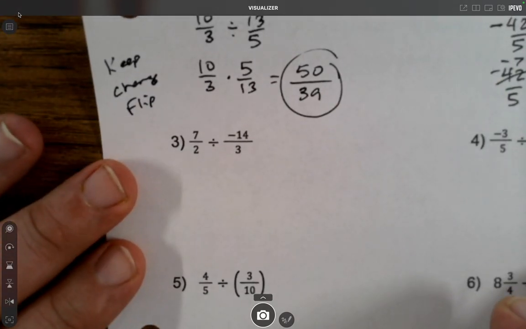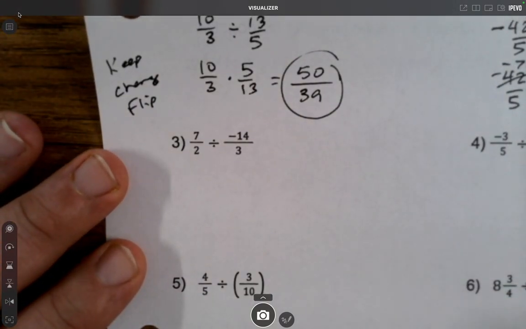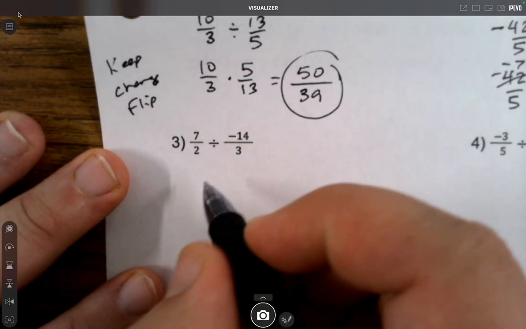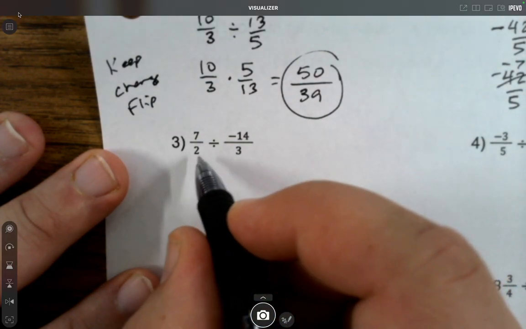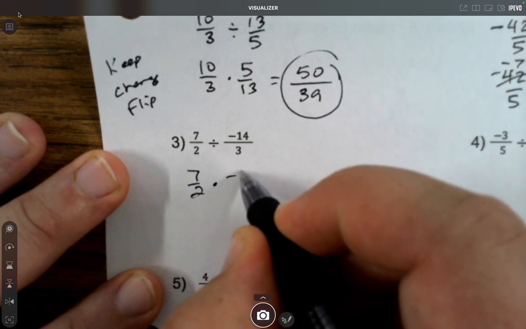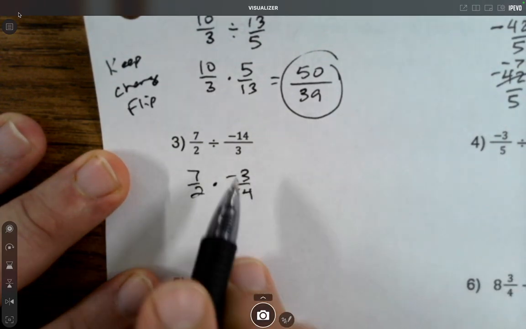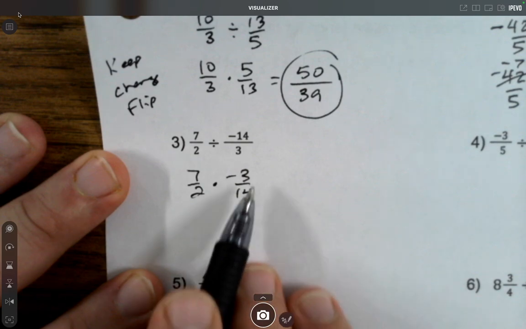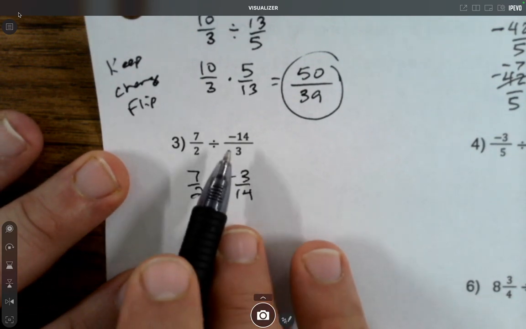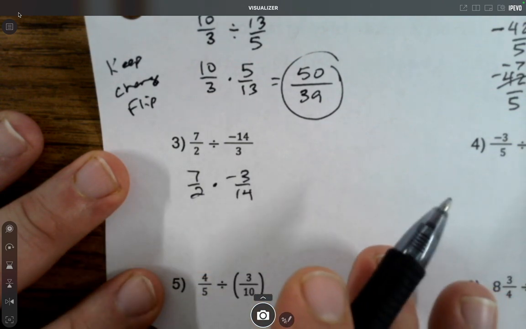Number 3, you don't have to worry about step 1. That's why I made sure I put the words if necessary. These are both already improper fractions. So we can go straight to step 2, which is anytime you need to divide by a fraction, you multiply by its reciprocal. And you can put the negative sign wherever you want. If it makes more sense to you to put 3 over negative 14 and just keep the negative with the 14, that's completely fine.